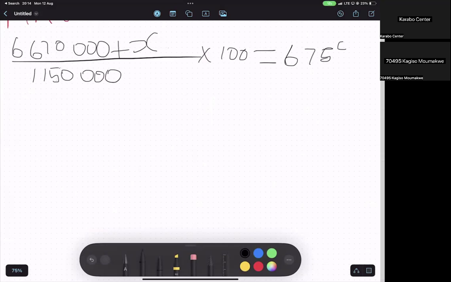So you'll say 100 times 6,670,000, which will give you this huge amount.